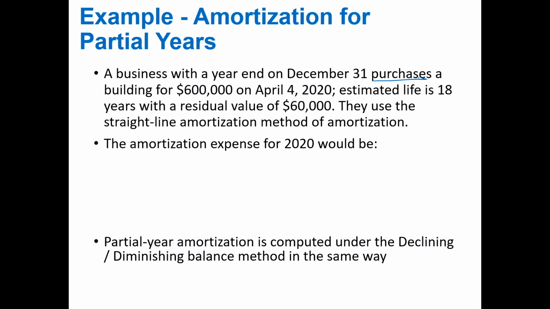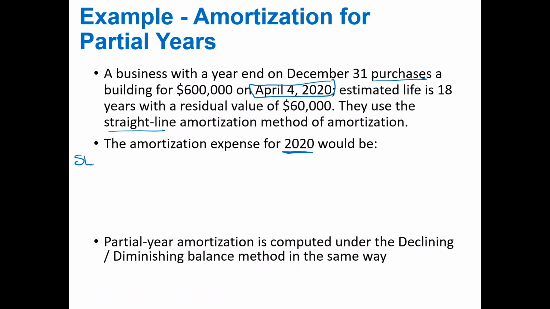So they're purchasing this April 4th, 2020, and the question says, what would be the amortization expense for 2020 itself? So they're using straight line. First we'll calculate what the amortization is for a whole year, and then we'll figure out this partial year of 2020.